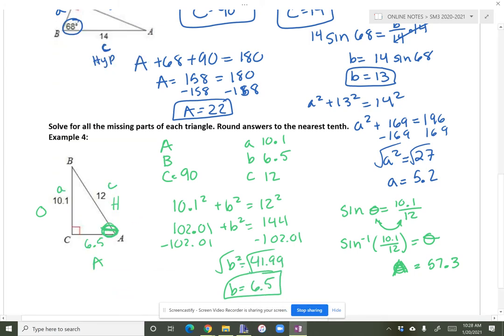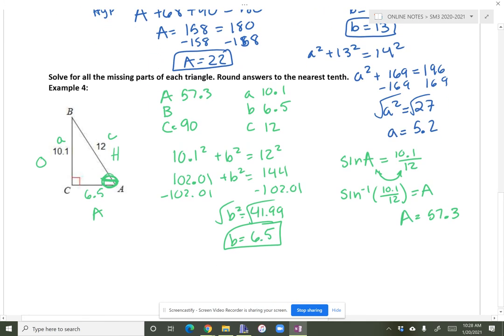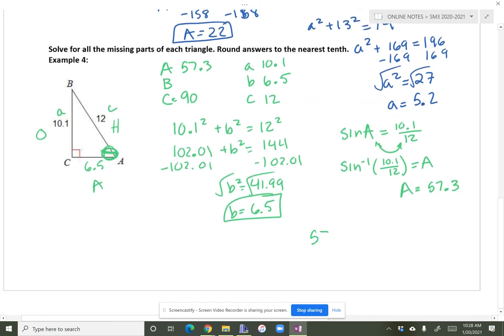Yep. And it would be even better actually, you guys, if you wrote it as sine of big A. So big A is 57.3. And you could write another sentence to find angle B, or you could say 57.3 plus big B plus 90, all the angles equal 180.